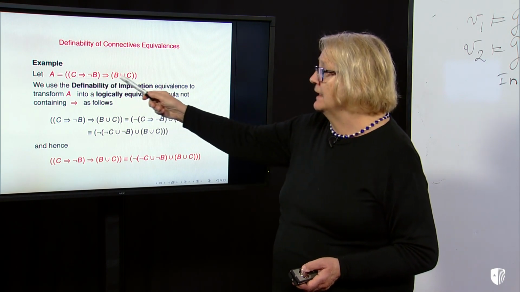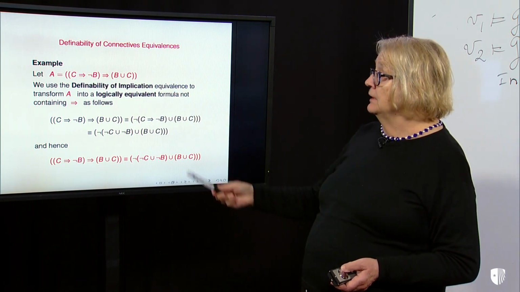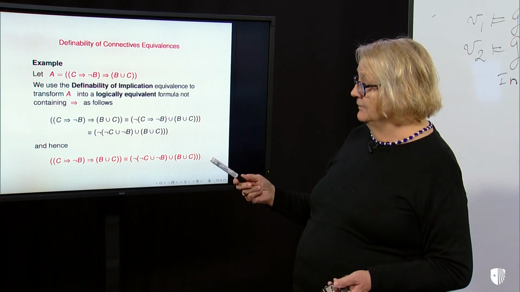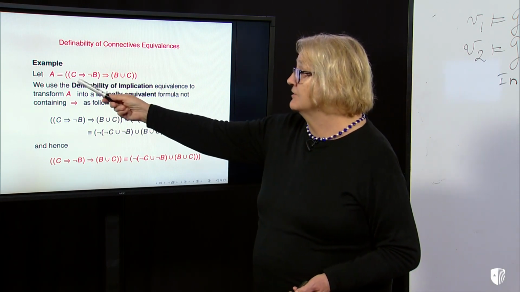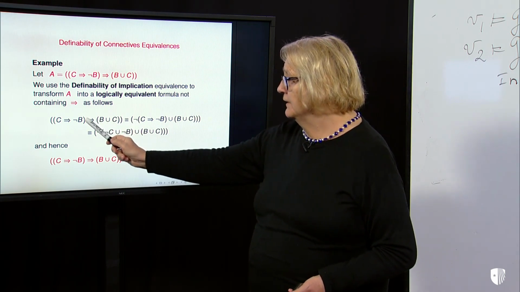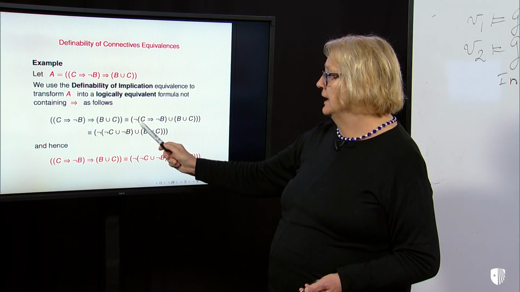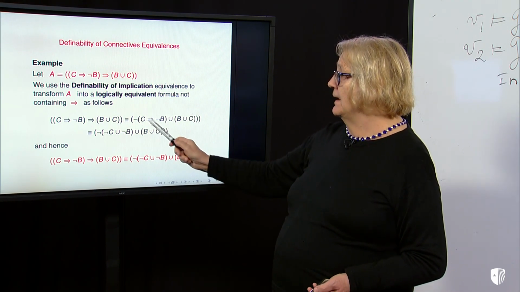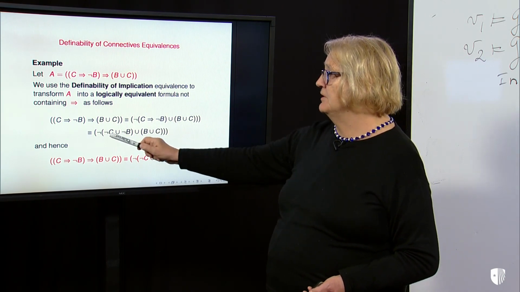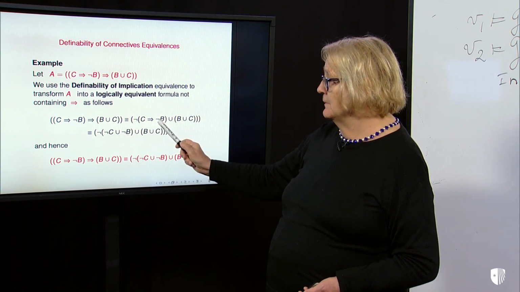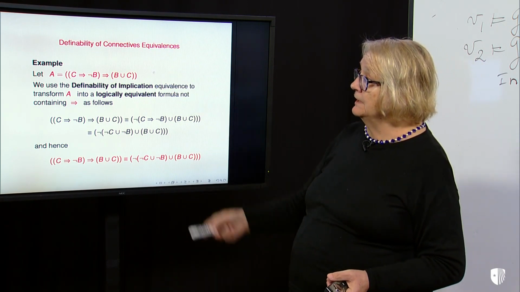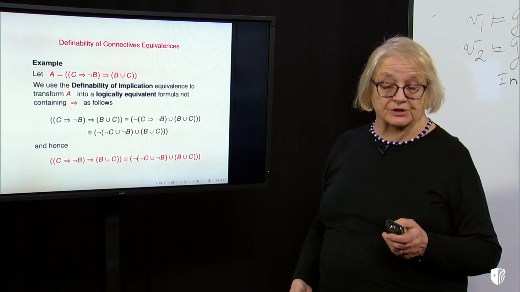For example, if I have such a formula, and I know the definability of implication by not A or B, I can transform this formula. Here this is your A, so you have not A or B. Now I can again replace this implication by not C or B, and so on. So I had a formula with implication, and I got rid of implication.